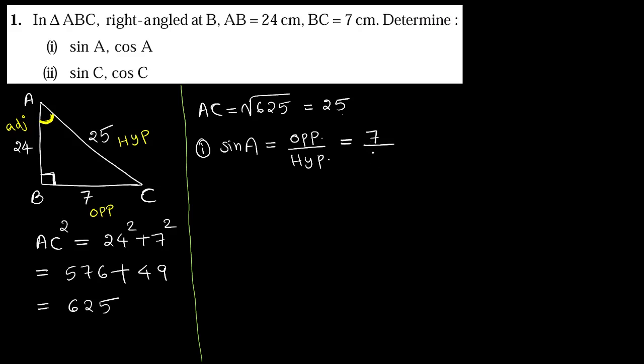Hypotenuse, look at the diagram, 25. Cos A, we have already studied the formula, adjacent by hypotenuse. Never forget it. Look at the diagram: 24 divided by 25. So a very simple question. The first one is over.